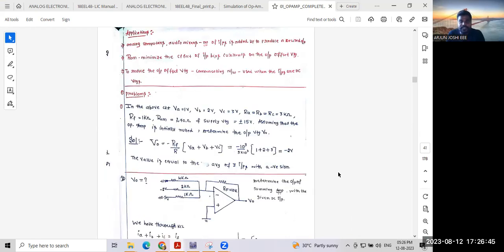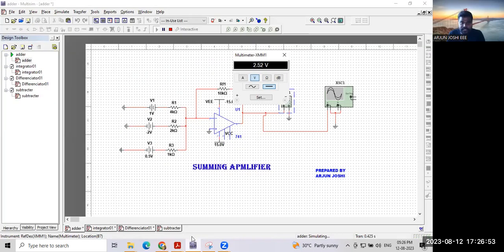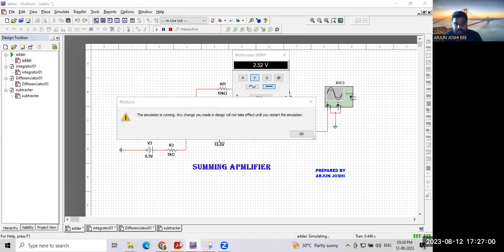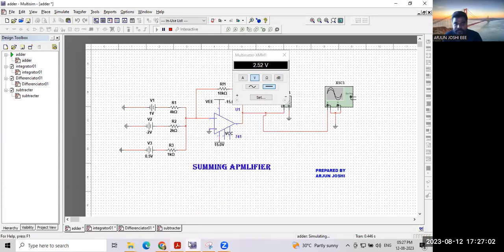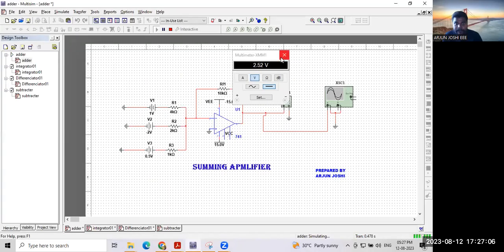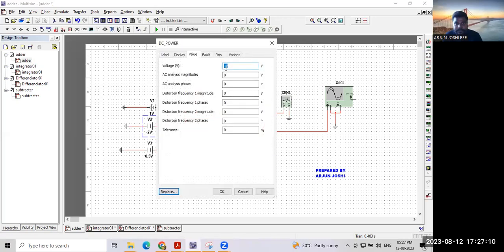Now I'm going to consider this example: VA equal to 1, VB equal to 2, VC equal to 3. I'm going to change the values. VA equal to 1 volt only, VB equal to 2, VC equal to 3, not minus 2.